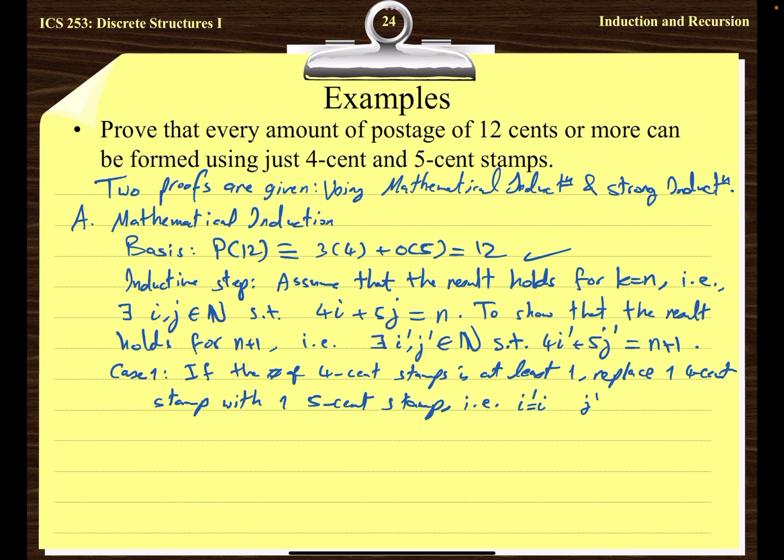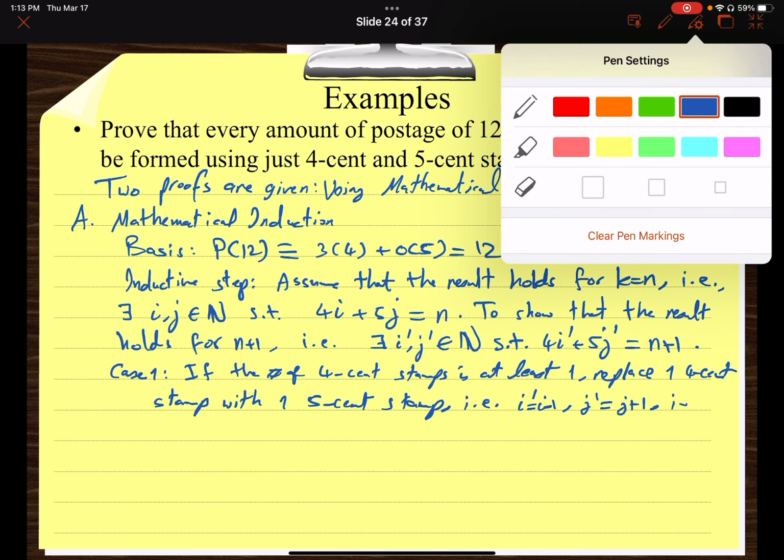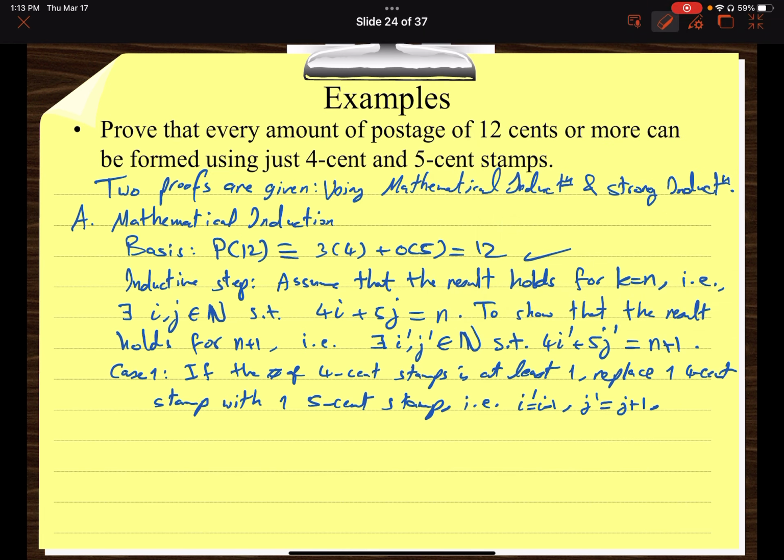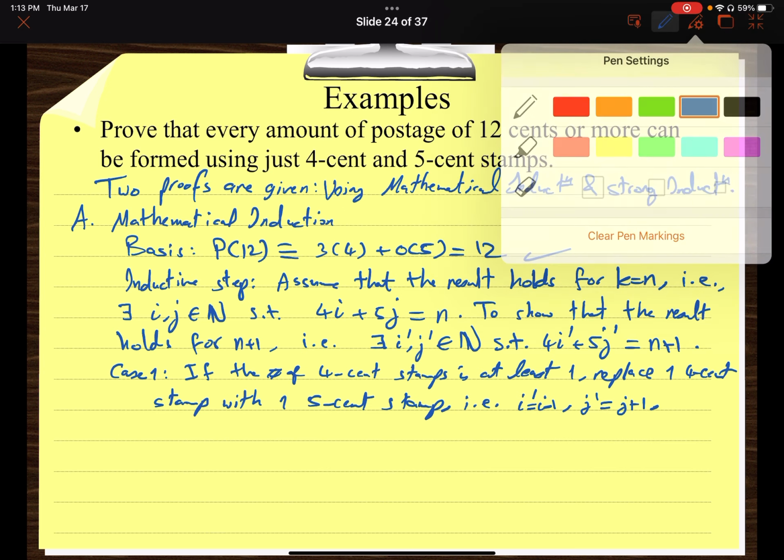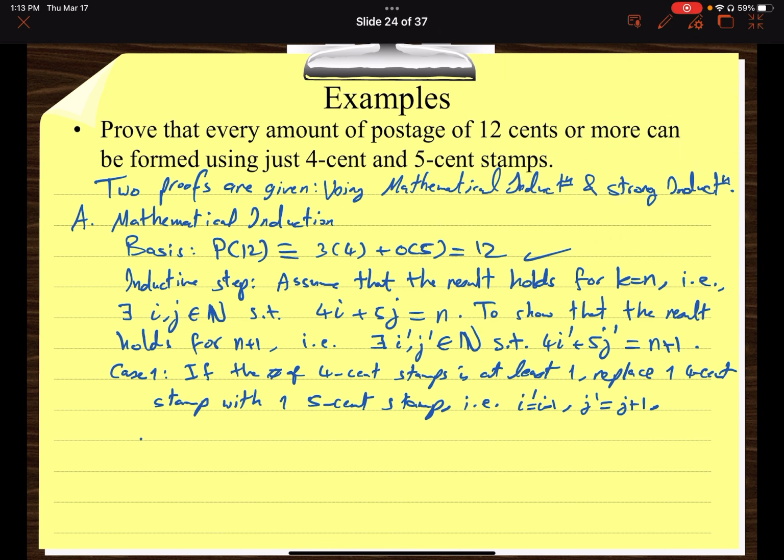I prime is I minus 1. Well, J prime is J plus 1. Let's check. So therefore, this is just to make sure, but if you reach here, you're finished.